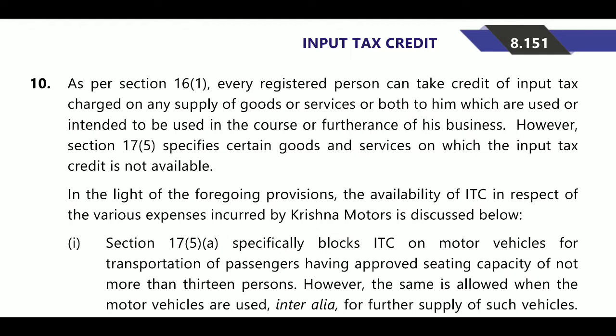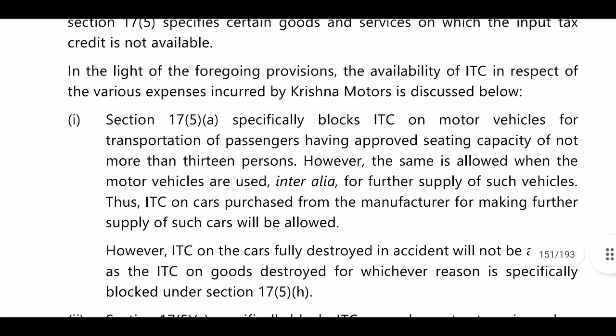However, section 16 says you can claim, but section 17 tells you not to claim, specifying certain goods and services on which input tax credit is not available. In light of the foregoing provisions, the availability of ITC in respect of various expenses incurred by Krishna Motors is discussed below.